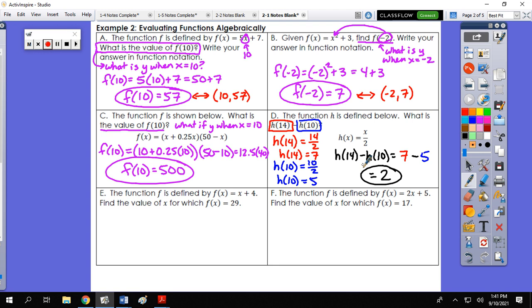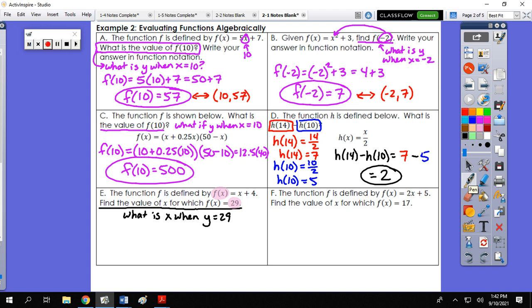Okay, so then on E and F, we're working in the opposite direction. In this case, it says find a value of x for which f of x equals 29. So that's saying, what is x when y equals 29? So we're going to take that 29 and plug it into the function on the left side where f of x is located.